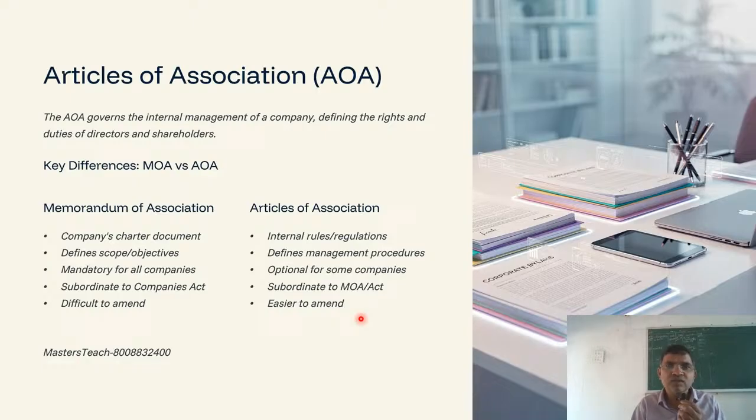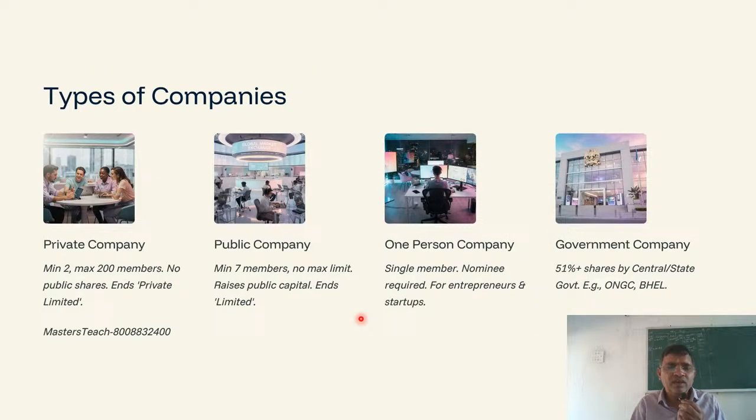Now we'll discuss types of companies. Under the Indian Companies Act 2013, companies are divided into four types: private company, public company, one person company and government company.